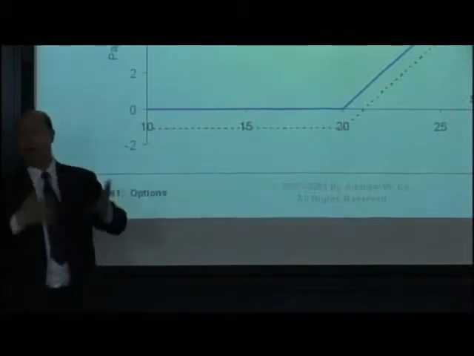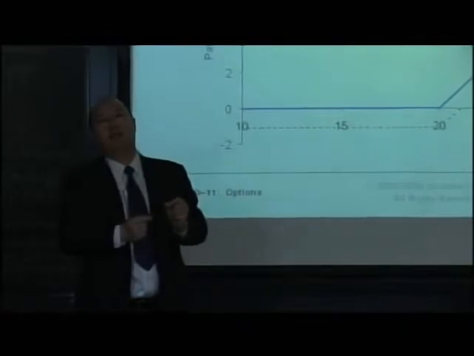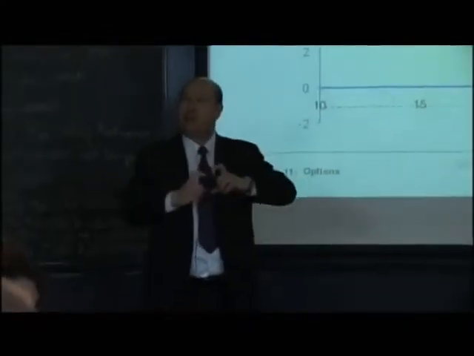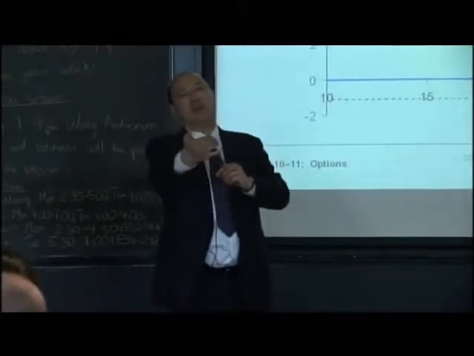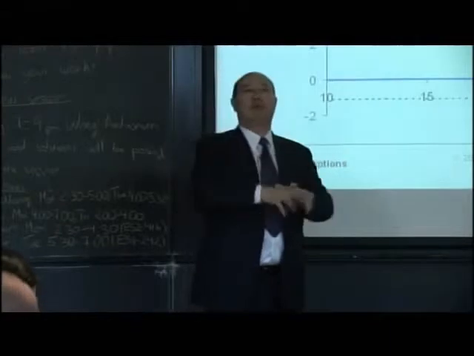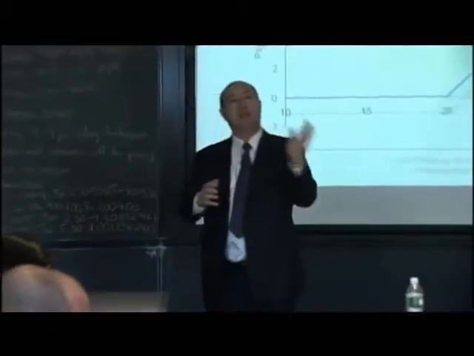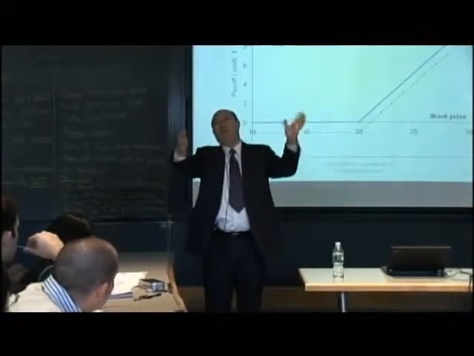It's called an option premium, but it's just the price of the option whenever you bought it. And then if you want to take into account the time value of money, you should take the future value of that price that you paid when you bought the option. So if you bought the option in the beginning of the month and it expires at the end of the month, you've paid something at the beginning of the month.